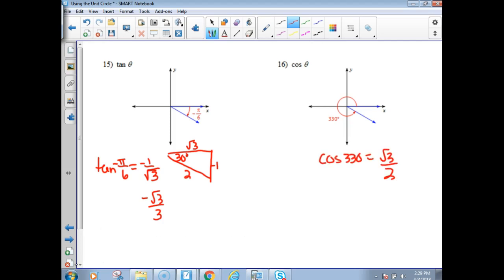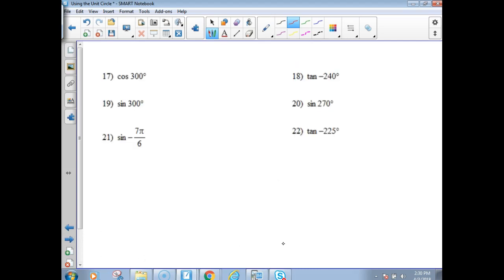Okay, I think that's all I'm going to do for today and let you have some work time. The next questions are just like these. However, there are no pictures. You can try using your unit circle to figure them out, which I recommend because it helps you with the memorization of your unit circle. You can do special right triangles, whatever it takes. If you want to draw it, go for it.